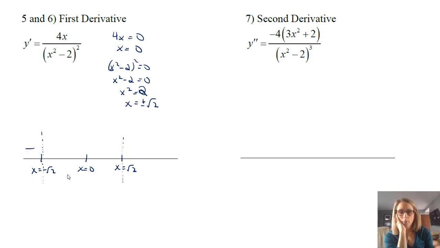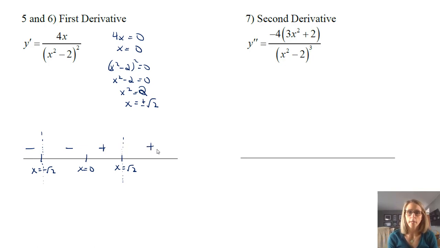And even if we pick something between negative root 2 and 0, like negative 1, the numerator is still going to be negative, denominator is always going to be positive, so you're going to have this. And then if you pick something between 0 and root 2, like 1, you're going to now have a positive over a positive, and then anything greater than root 2, like 100, is going to give you a positive over a positive.